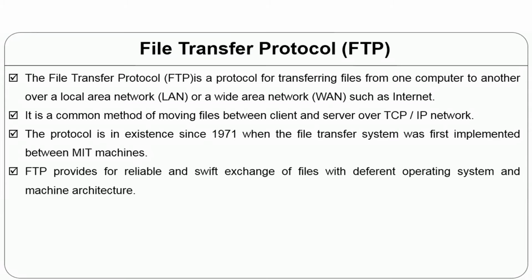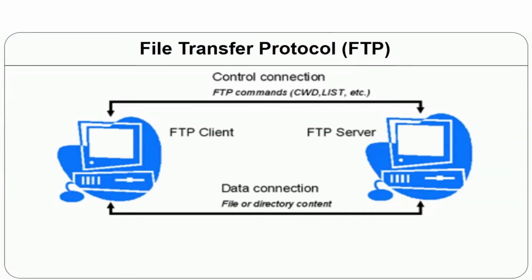FTP provides reliable and efficient exchange of files across different operating systems. Whether you use Unix, Linux, CentOS, or Windows, the protocol remains the same as the basic architecture. Let us see a diagram for FTP.